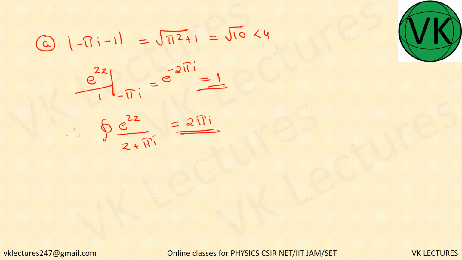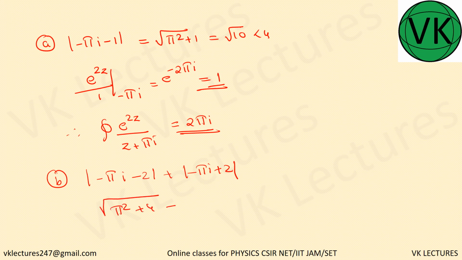Then B: |-pi i - 2| + |-pi i + 2| is root of pi squared plus 4 plus root of pi squared plus 4, which is equal to 2 root of pi squared plus 4, which is greater than 6.